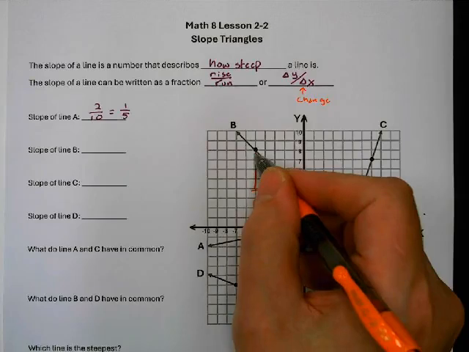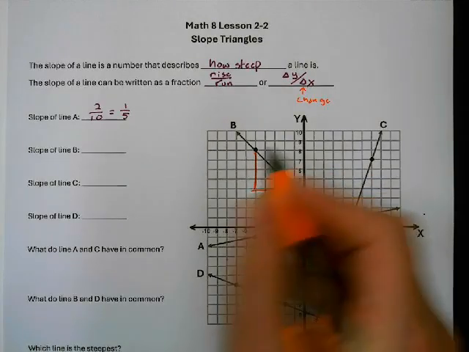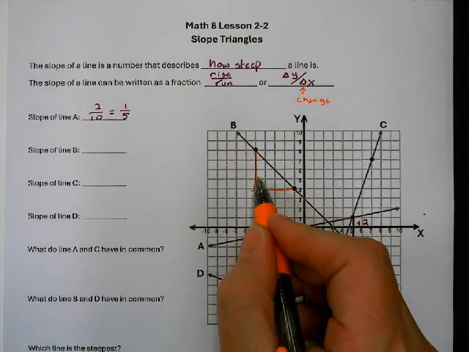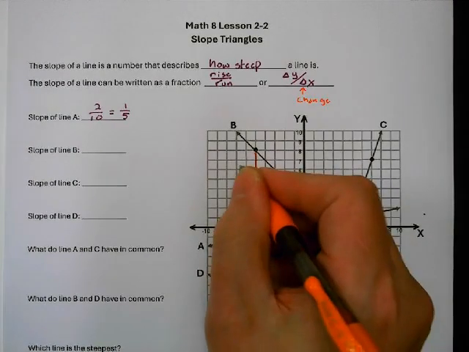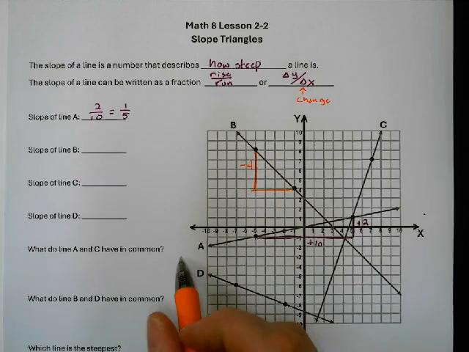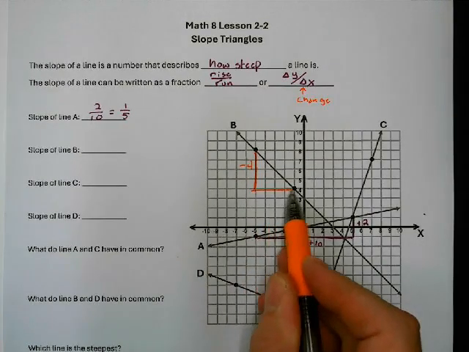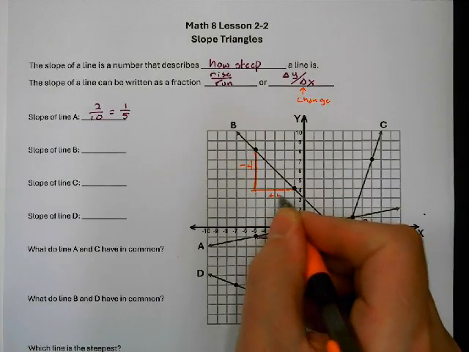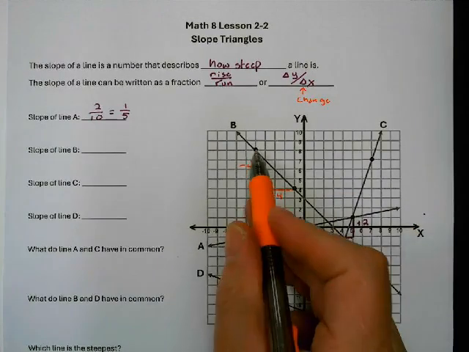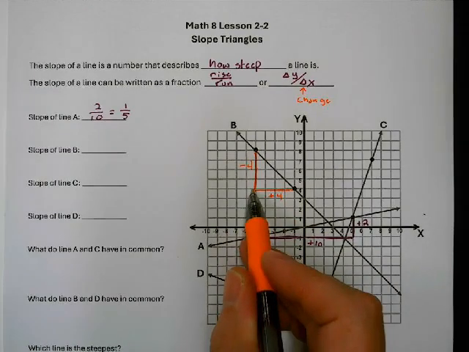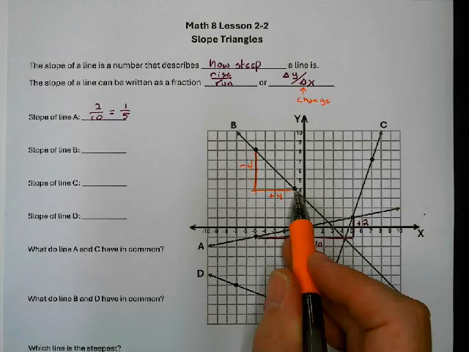So we would say that the y values on this one are decreasing by, start at the point and then start counting, 1, 2, 3, 4. So that one's going down 4, so we're going to put a negative. And then it's going 1, 2, 3, 4, positive 4 in that direction. Remember, on the y-axis, going down means negative. And on the x-axis, going to the right means positive.